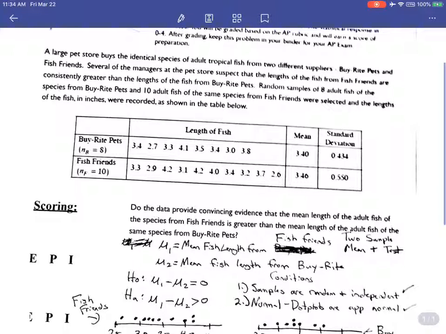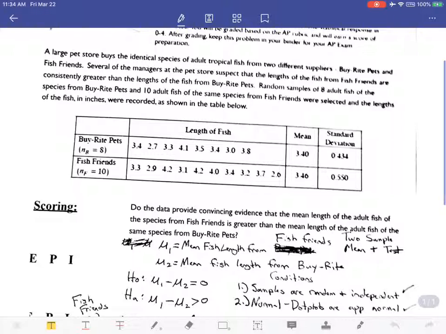So first, we know that we have a two-sample mean t-test because we have two samples and they're dealing with means. And remember, a t-test goes with mean data. So that's the first thing you want to do, is write down what type of test you're dealing with, just like I did up here.